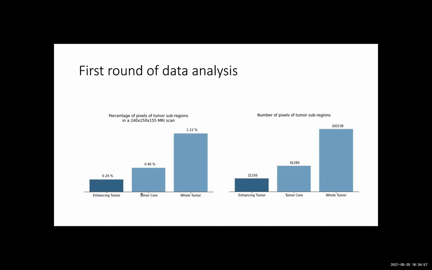And not only that, on the left graph, you can see that the percentage of pixels in the image is very small. The whole tumor, on average, only consists of 1% of the image, and the enhancing tumor is even lower than that, only 0.24%.